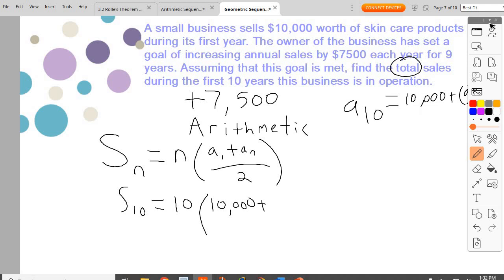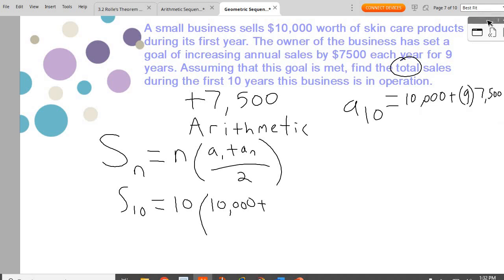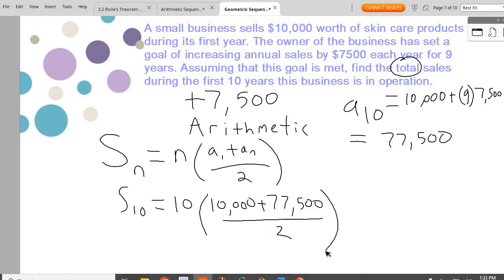There we go. So what do we get there? Someone plug that into our calculator. It's going to be a big number. 77,500. Alright, so now that's what goes in here. And what do we get?